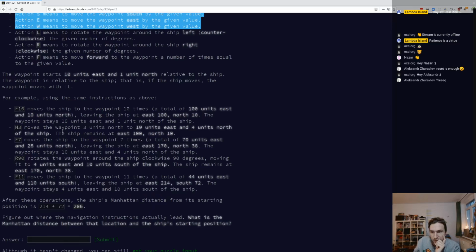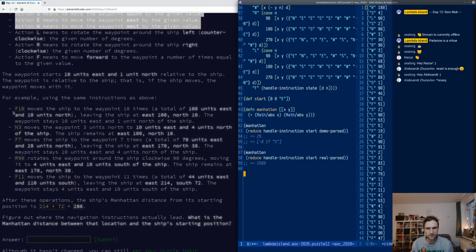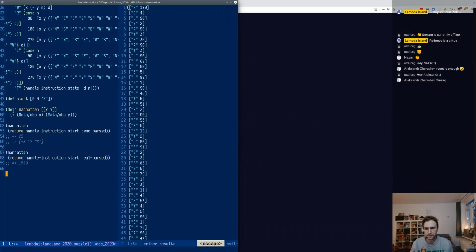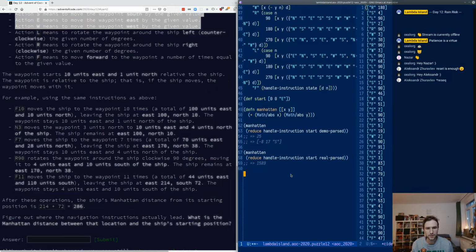Let me put these side by side and see if we can get to the same results. So the waypoint starts 1 north, 10 east.